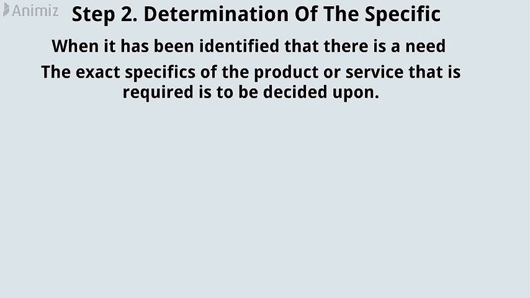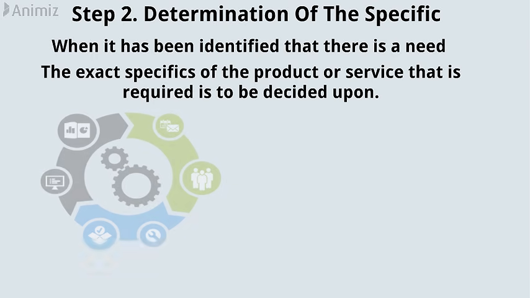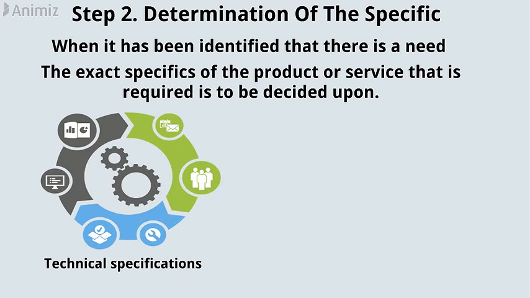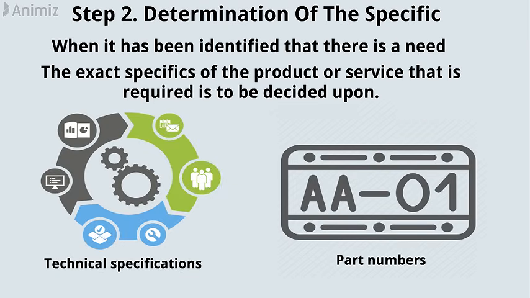Step 2. Determination of the specifics of the requirement. When it has been identified that there is a need, the exact specifics of the product or service that is required are to be decided upon. This would include technical specifications or part numbers.